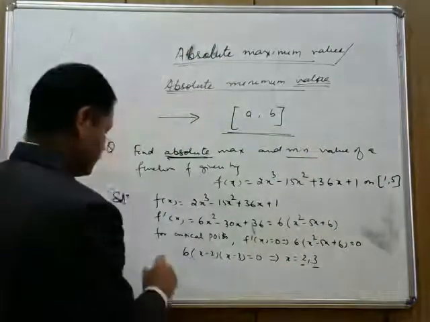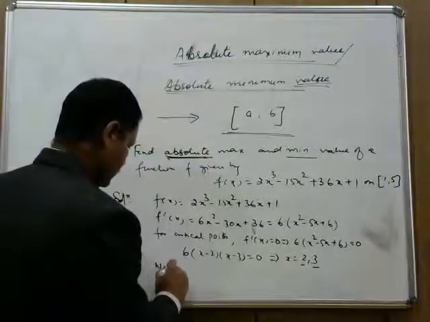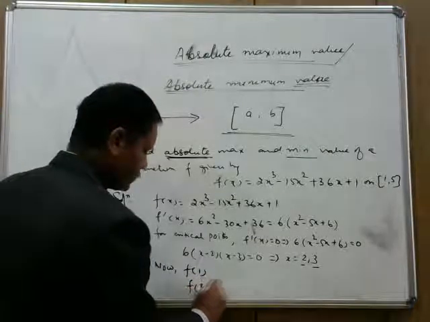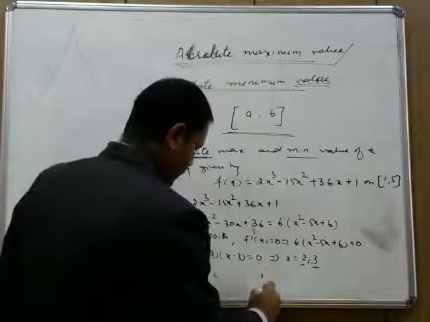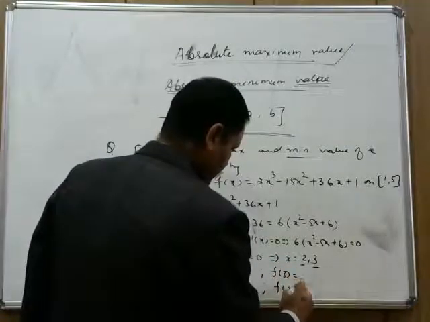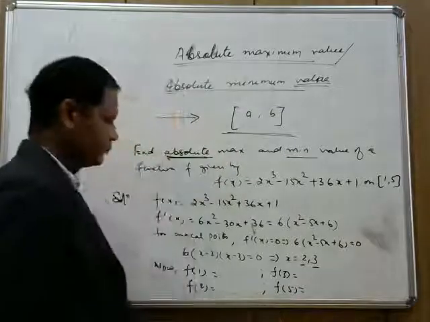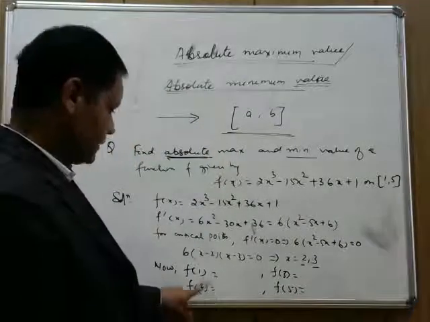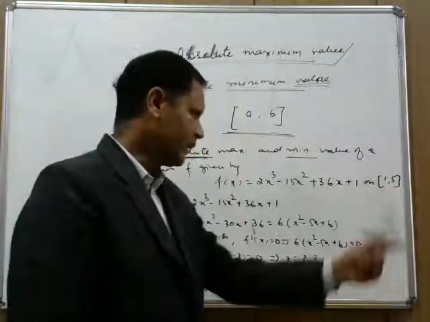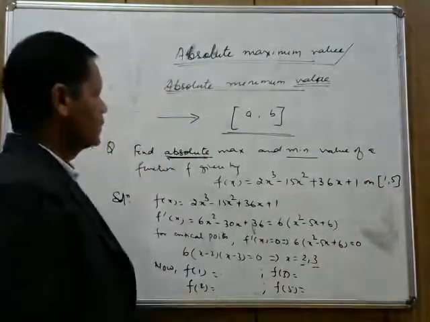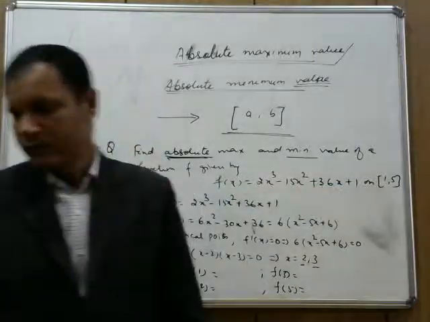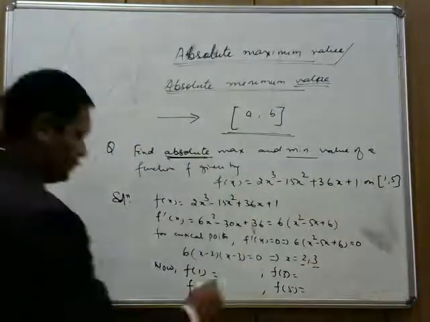Now you find out f of 1, f of 2, f of 3 and f of 5. Put the value of x as 1, 2, 3 and 5 and check the values. At x equal to 1, if I put it here, 2 minus 15 plus 36 plus 1, f of 1 is equal to 24.